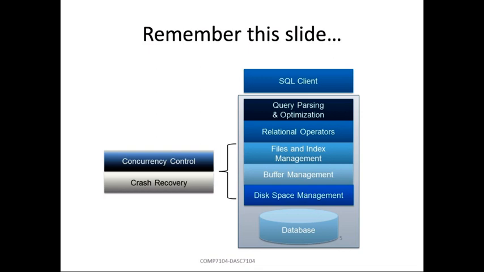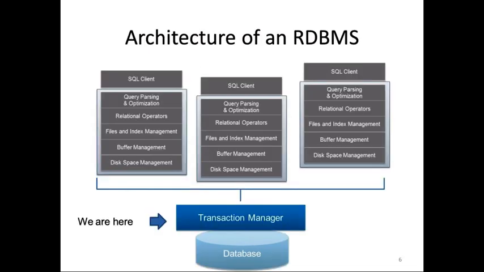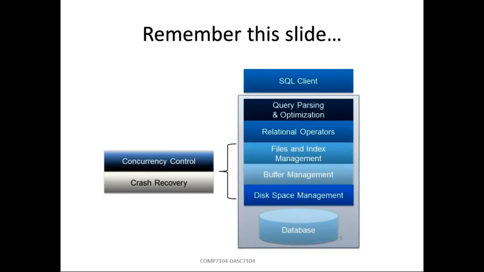It has two subcomponents, modules, one that handles concurrency control and another one that handles crash recovery. And they are in parallel, especially interacting with the modules for the buffer manager, the disk space manager, and the files and index manager.